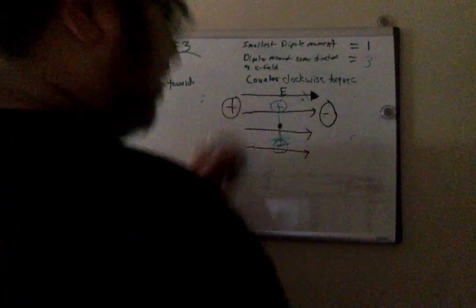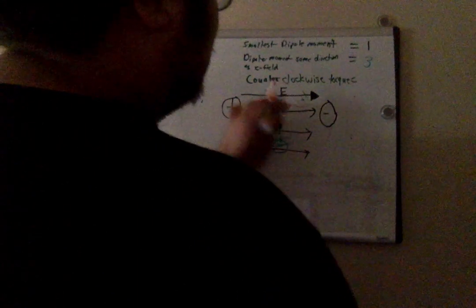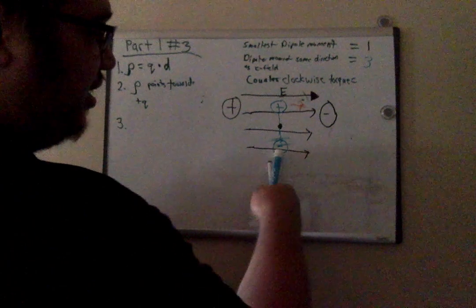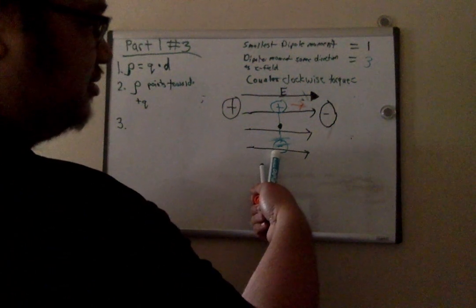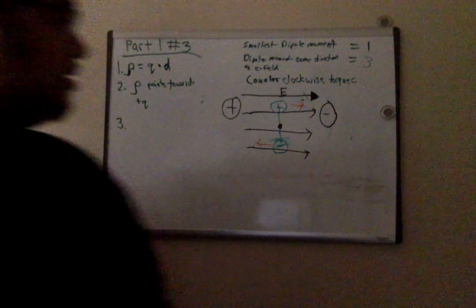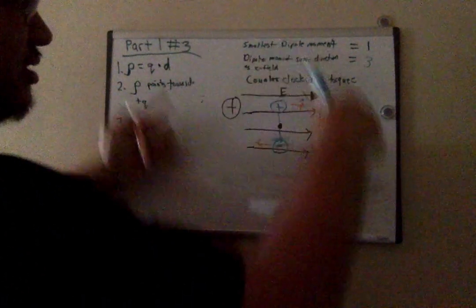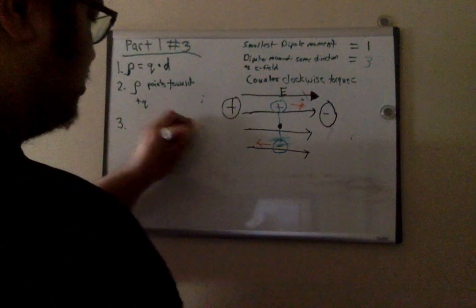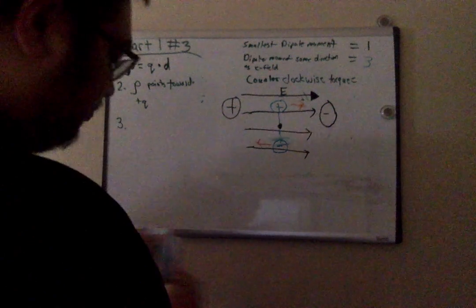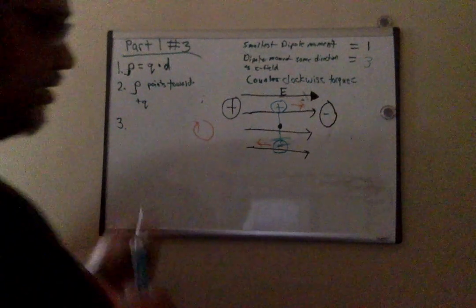But the electric field will push the negative charge to the left. If you look at it with this as the axis of rotation, it's going to spin this way. It's going to spin clockwise. That's for number 1.